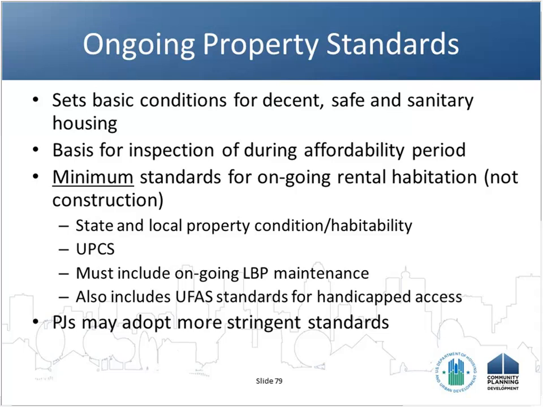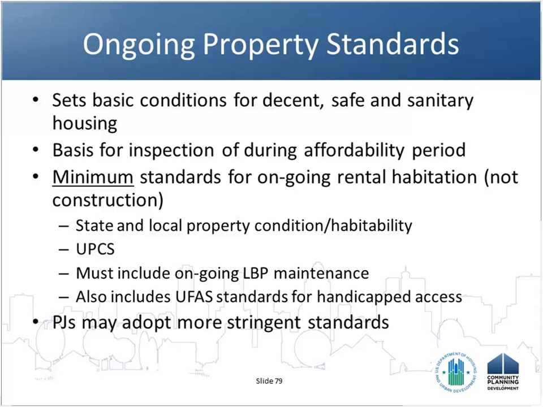HUD has acknowledged that they need to provide some additional guidance on this, and I think in the near future you will see that guidance, which will provide essentially the checklist or the elements of UPCS that will be used as our standards. Up until this point, the HOME program had been deferring to public housing's housing quality standards, and it was deemed to not be quite sufficient.